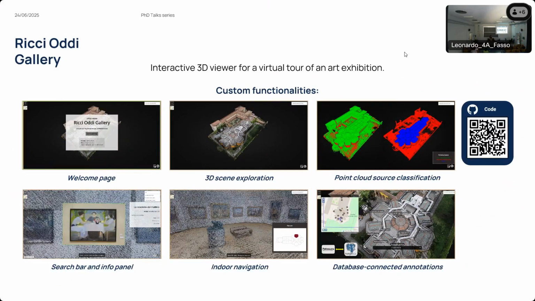Finally, we have the last example of the Riccioli Gallery, where similar needs were shared with us by the manager. But in this case, there was also the need to understand how to optimize a virtual tour inside the gallery. That is a quite complex architecture with many interconnected rooms, with also a lot of artworks that are well documented in the National Archive of Cultural Heritage, but some of them are not reconnected to it.